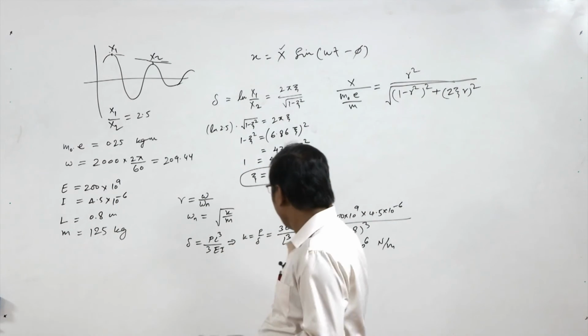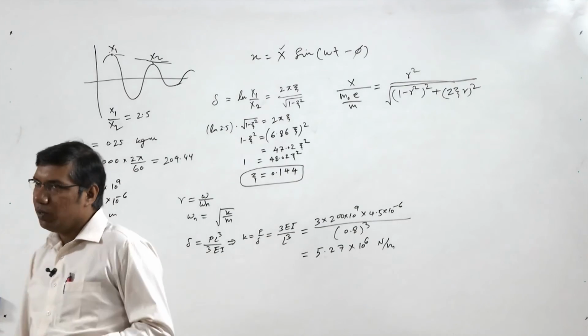So we get k equal to 5.27 into 10 power 6.